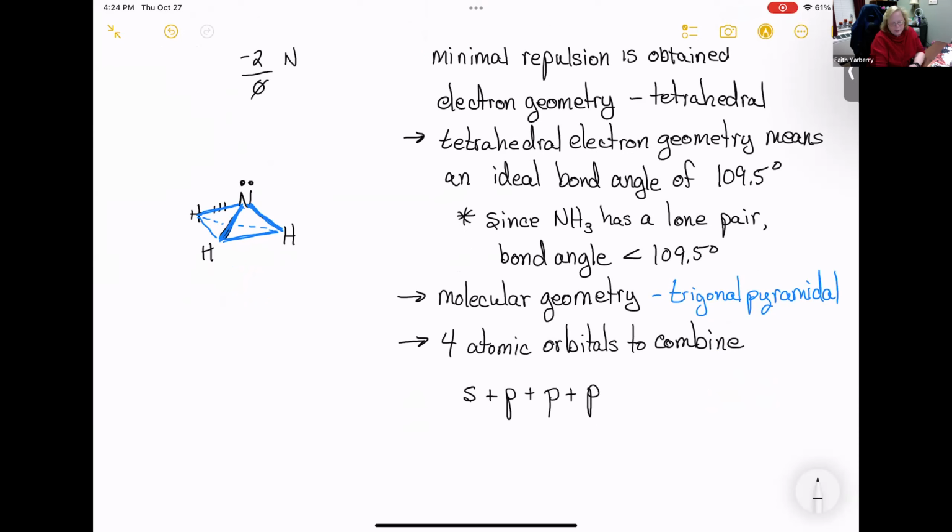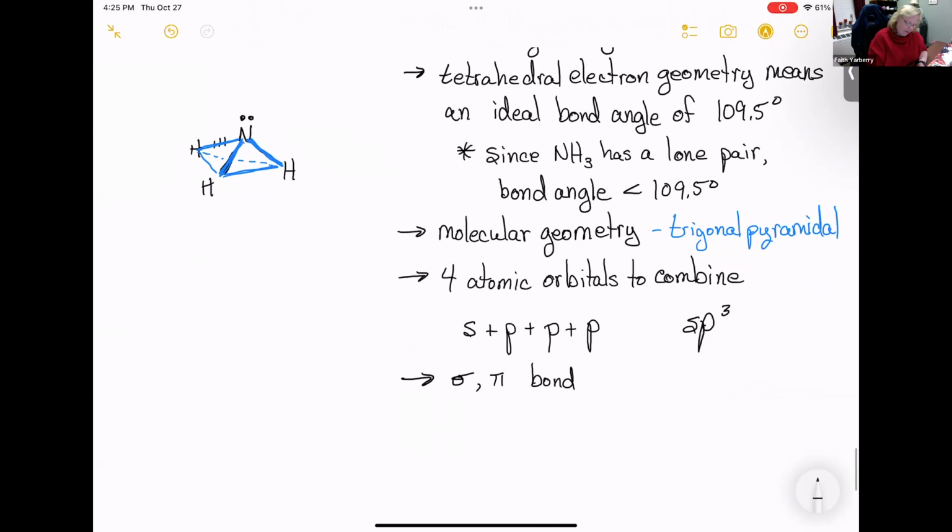So in other words, the hybridization is sp3 hybridized. Nitrogen has been sp3 hybridized. For the bonds, we have 3 nitrogen single bond hydrogen that are sigma bonds.